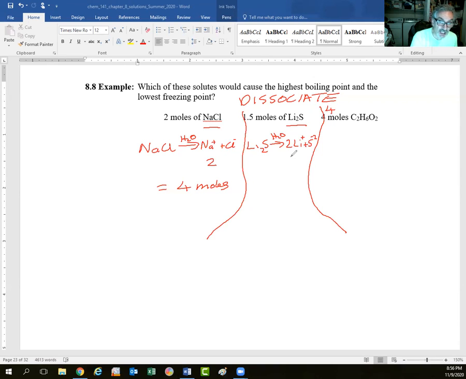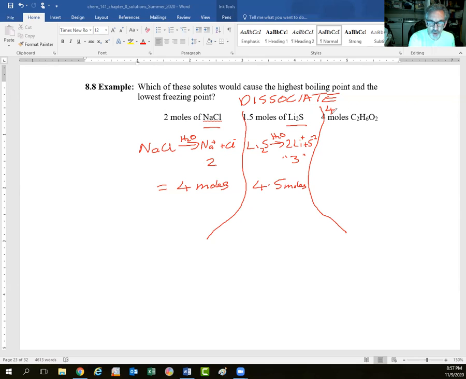So that gives us an I factor of 3 for ions produced for every mole. So that 1.5 moles is trebled into 4.5 moles of ions. Ionic compounds dissociate in water into their individual ions.